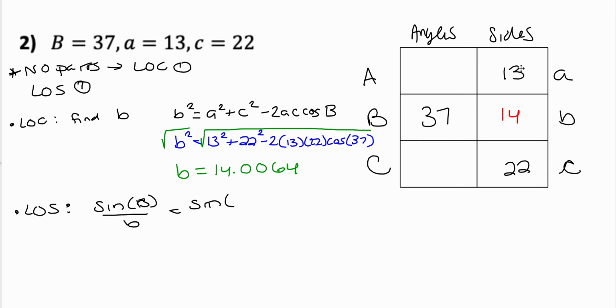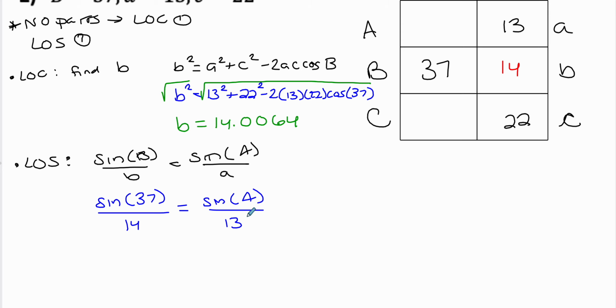So 13 is smaller than 22. So we're going to do sine of big A next over little a. So plugging this in, we'll have sine of 37 over 14, which we just found, equals sine of big A over little a, which is 13.